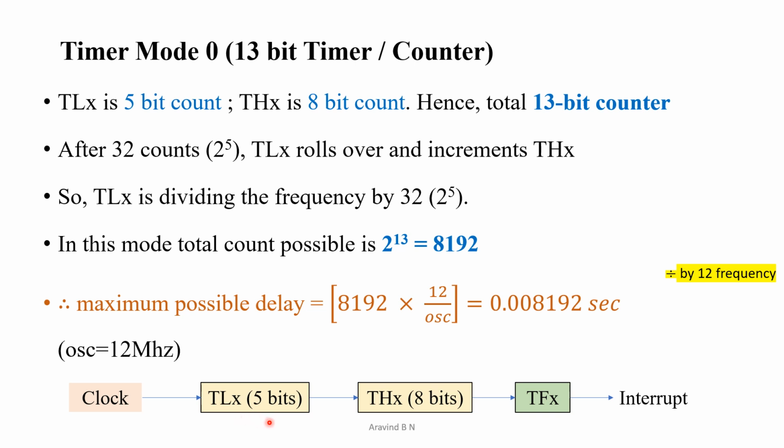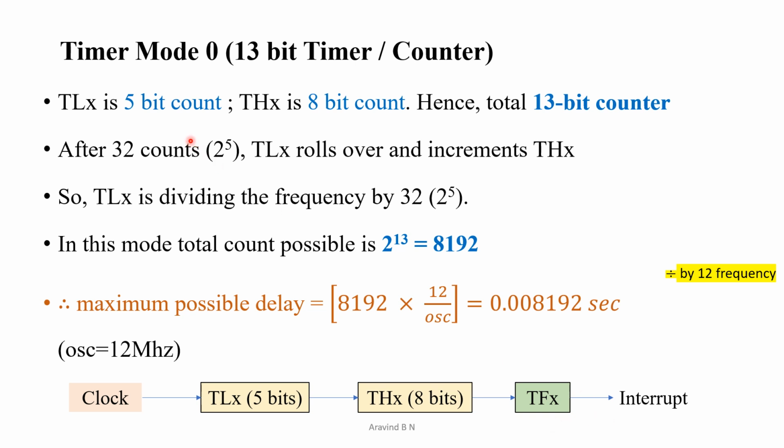Whenever TL overflows, it increments the TH. TH is 8-bit. When both TH and TL together overflow, there is a rollover from the highest value to 0. Then it sets the TF of the TCON register, which generates an interrupt.